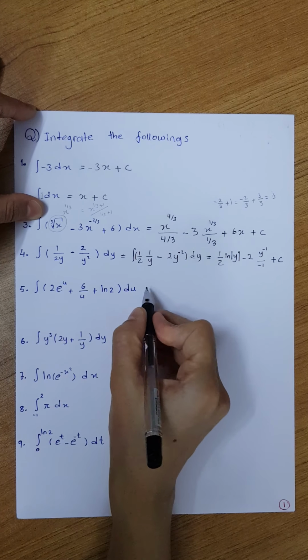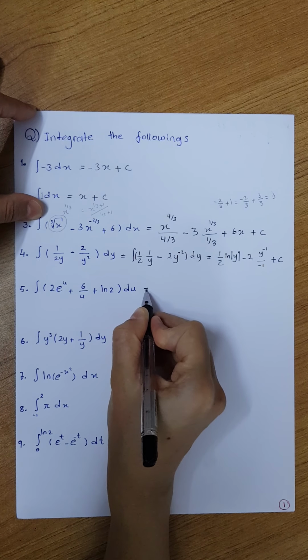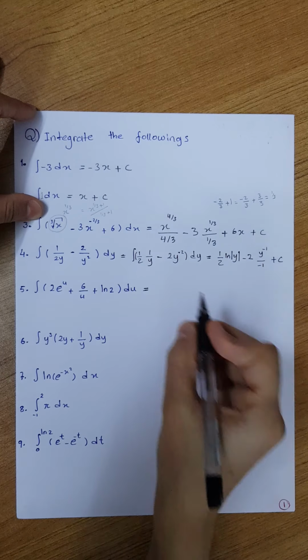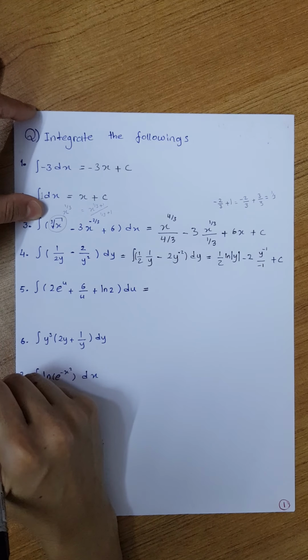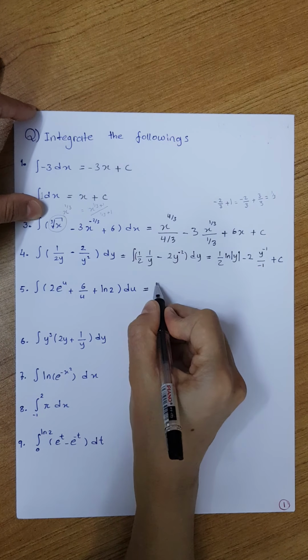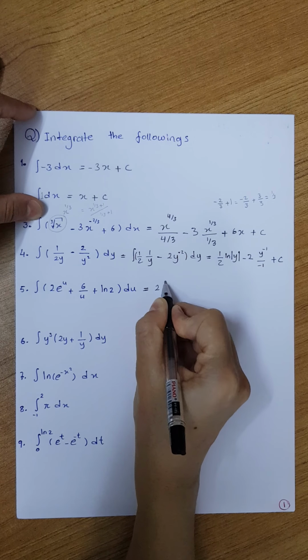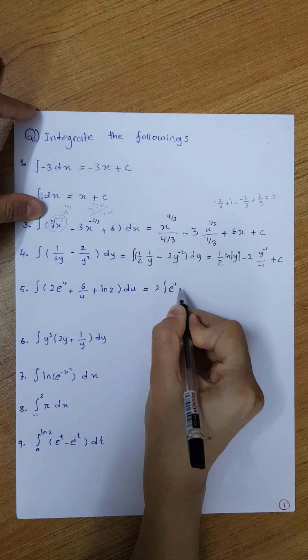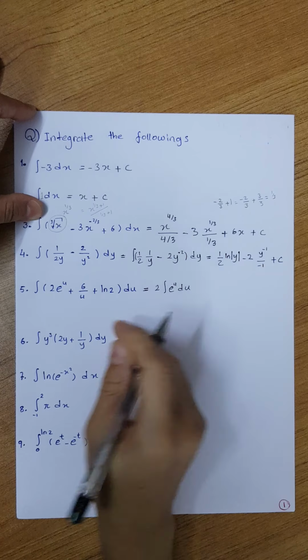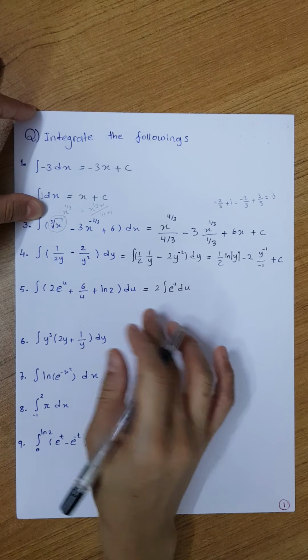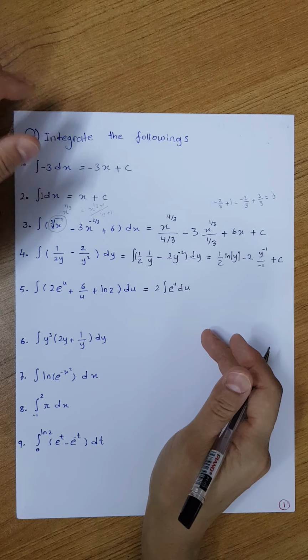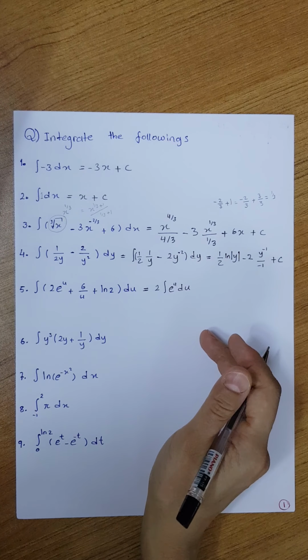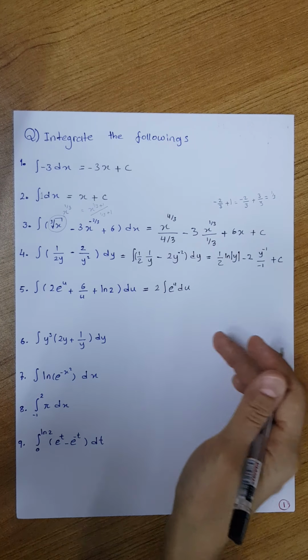Now let's come to this one. We have got this integration. Let me do the distribution over that integration. If you look at this one, it will be 2 integration of e to the power of u du. Of course, you can do it directly without distributing it, but I'm distributing it so that you see the steps, how they are done.